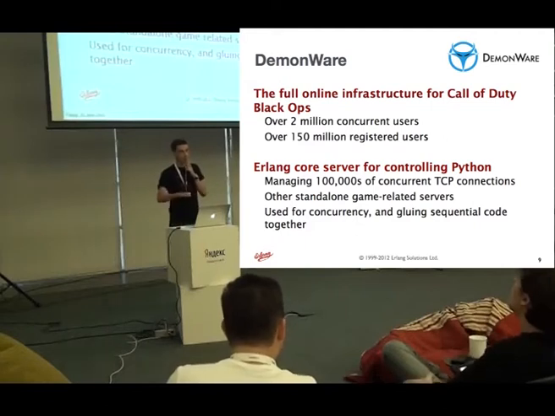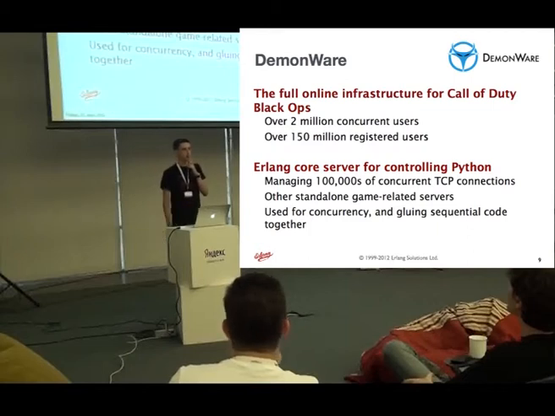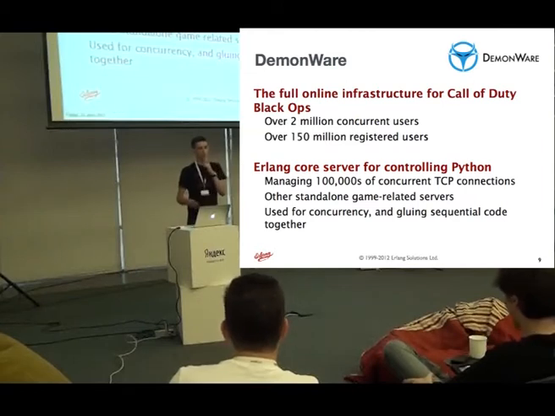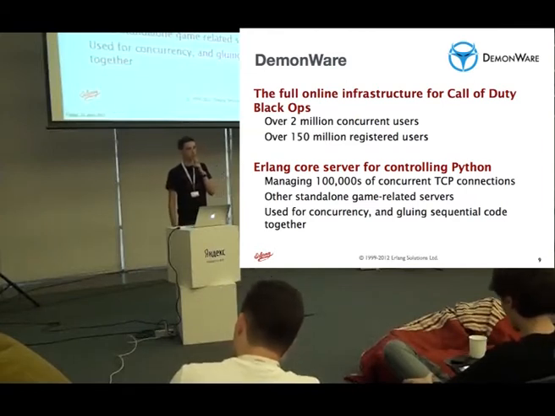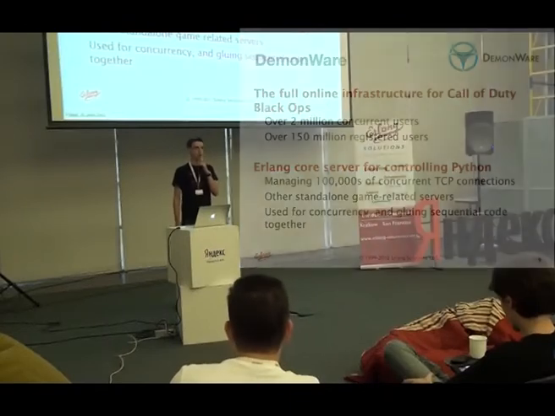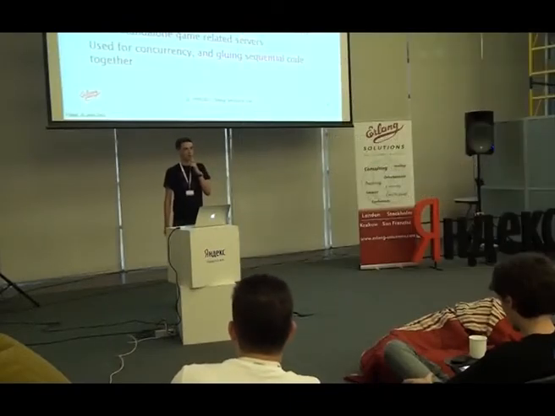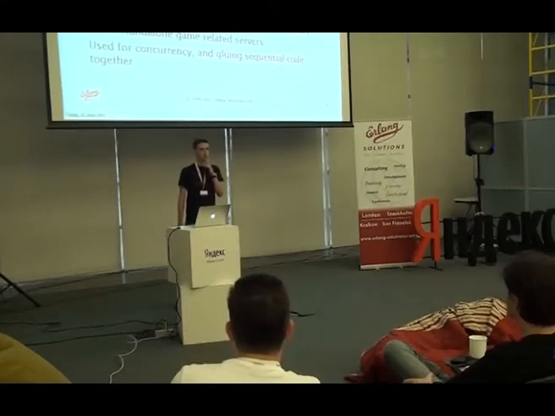Erlang is being used here as a core server for controlling Python tasks. So logic of the game is in a Python task, but all the distribution layer, all the TCP handling, this is done by Erlang. So interesting use case where both technologies combined together allow them to serve such a mass of online users.